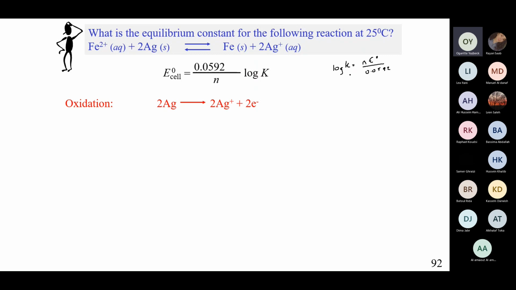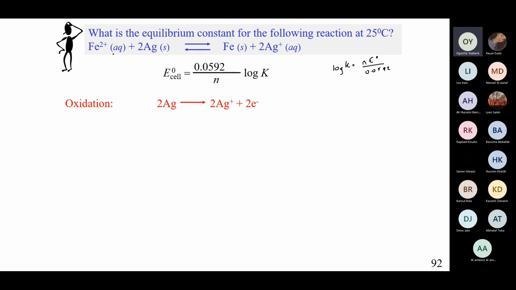We have a reaction. They already gave you the reaction. And if you're already given the reaction, then you have already who's undergoing oxidation and who is undergoing reduction.